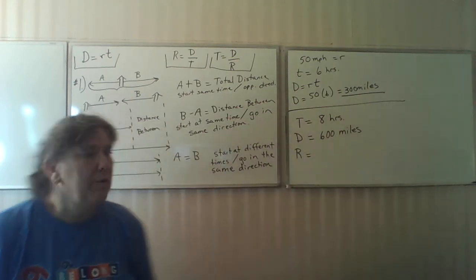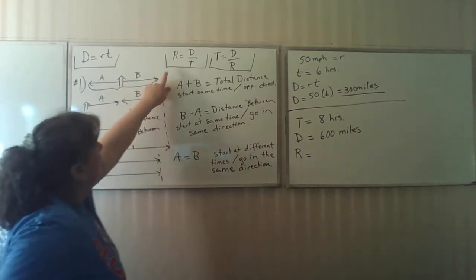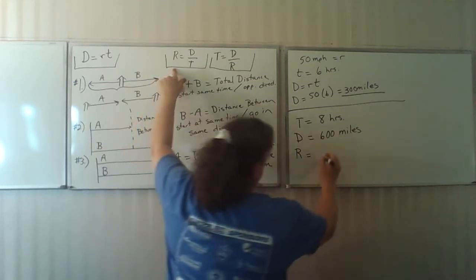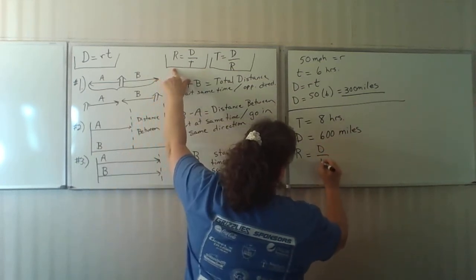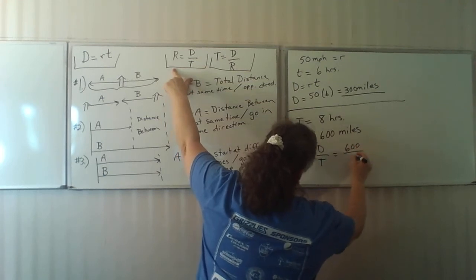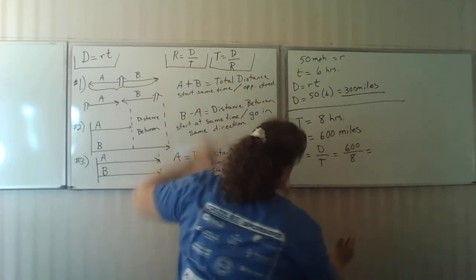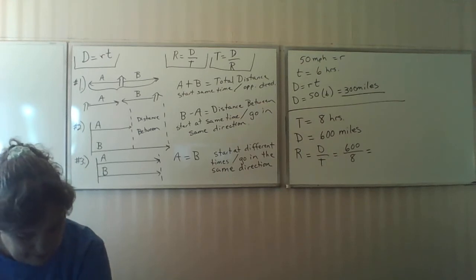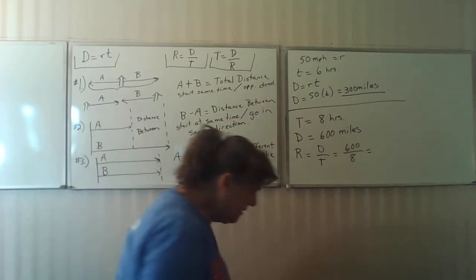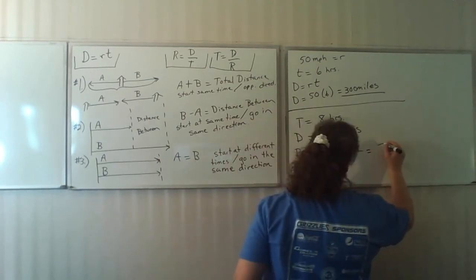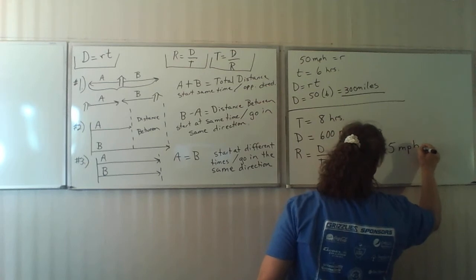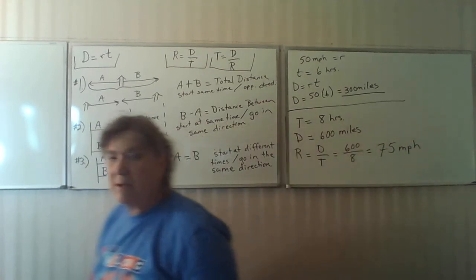Okay, so looking up here, the one I want to know is the rate, so therefore rate is equal to distance divided by time. Therefore 600 divided by 8 is equal to 75 miles per hour. That's how fast I'm driving.